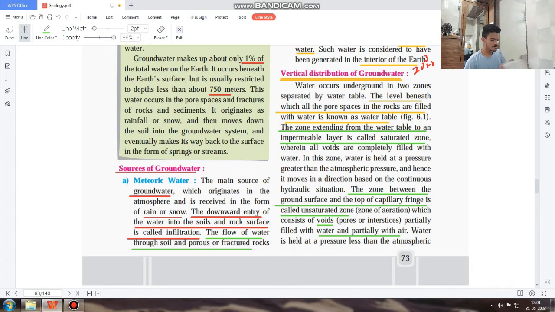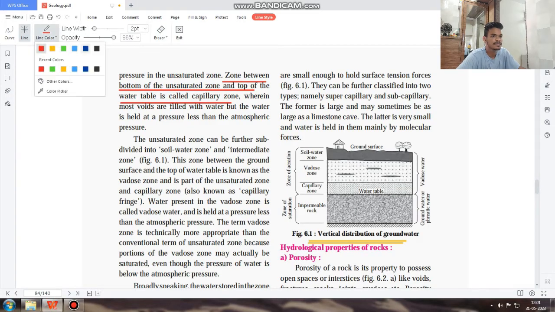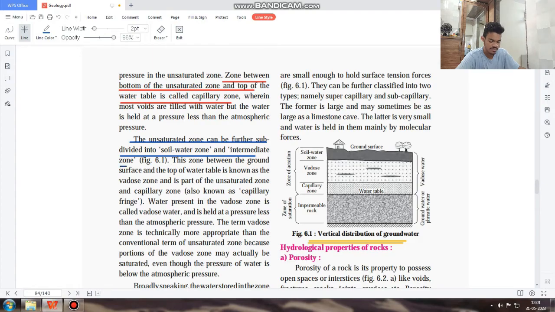Next point. The zone between the bottom of the unsaturated zone and the top of the water table is called the capillary zone. The unsaturated zone can be further subdivided into the soil water zone and the intermediate zone.